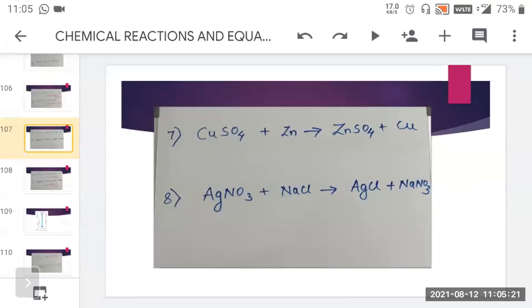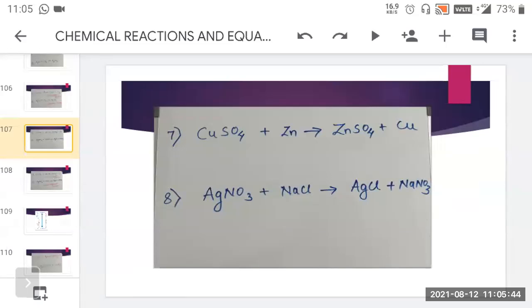It is an element. So whenever in a single displacement there is 1 compound and 1 element, and in the product side replacement has taken place of a metal or non-metal, then it shows that it is a single displacement reaction. So here you can see Cu is replaced by zinc.